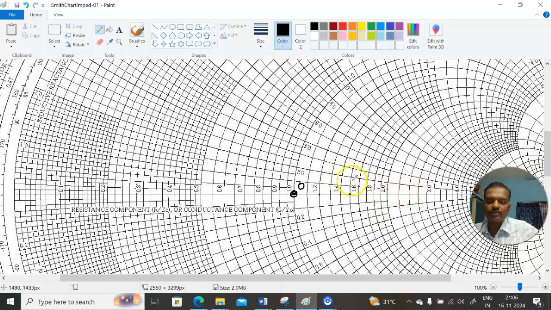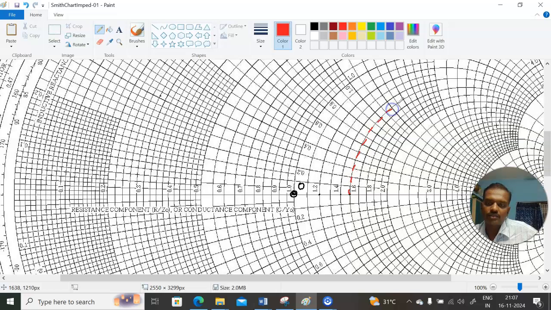For your understanding, I am marking this particular point in red color.